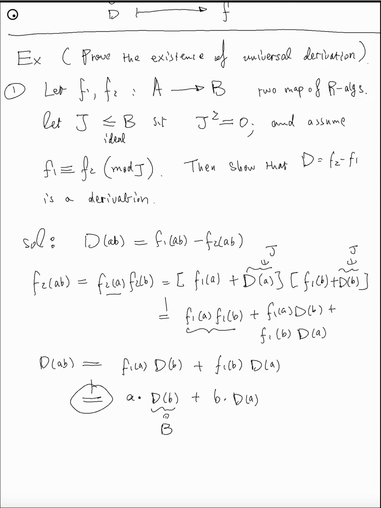There are two reasonable ways to do that, through F1 or F2, but they're the same because their difference is in J. And so multiplying with D of B itself disappears, which means F1 of A times DB equals F2 of A times DB, for whatever A in A, right? So we're done for the first exercise.